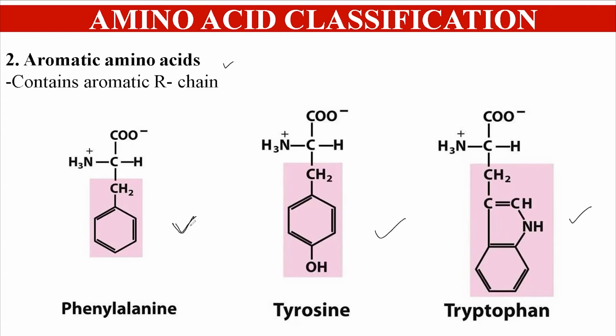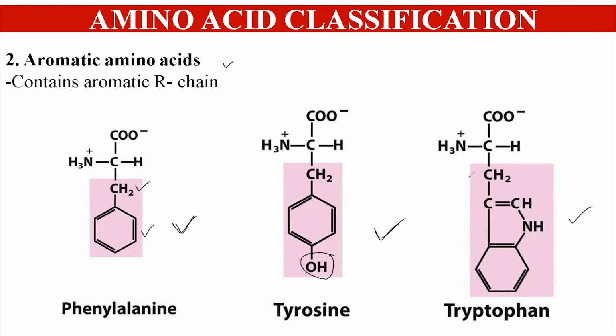Phenylalanine, if you look into it, has a benzyl group. The R group has a methyl group attached to a benzene ring. And tyrosine can be called a phenylalanine with an extra hydroxyl group added to it.